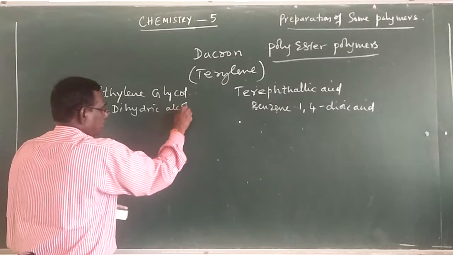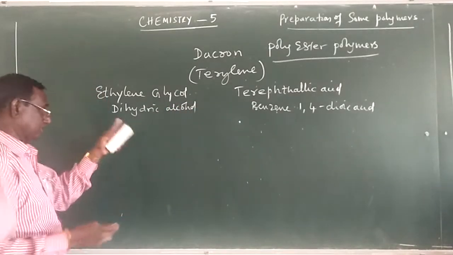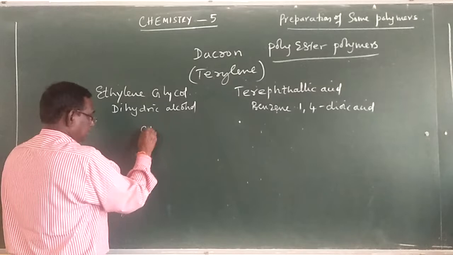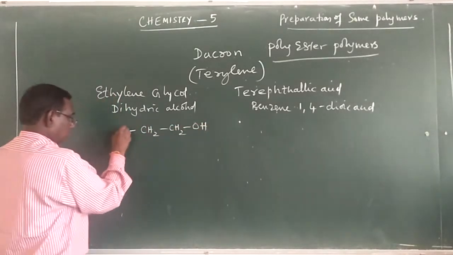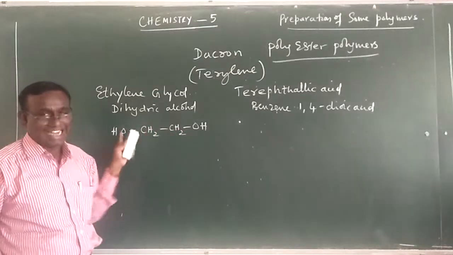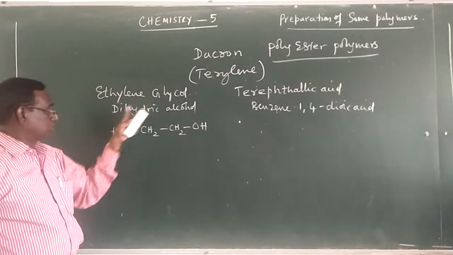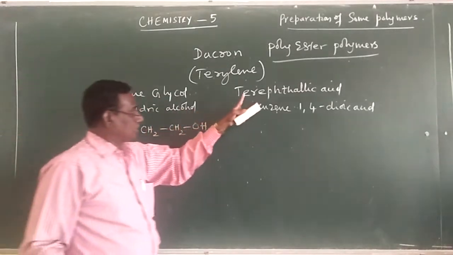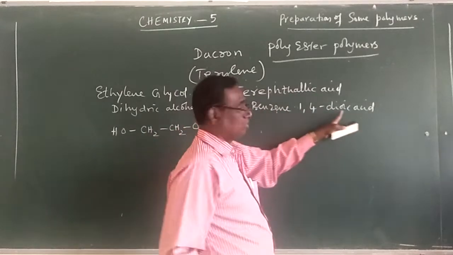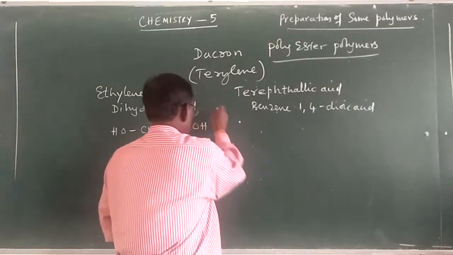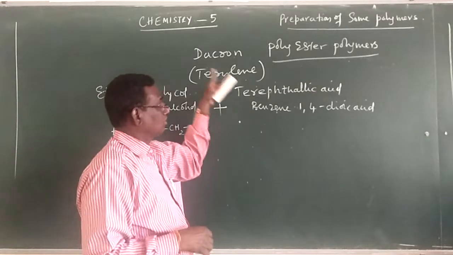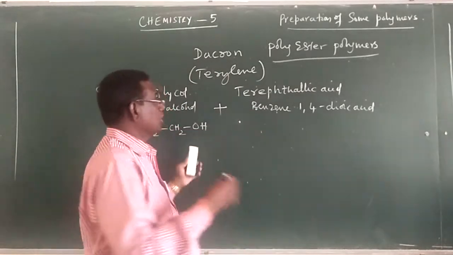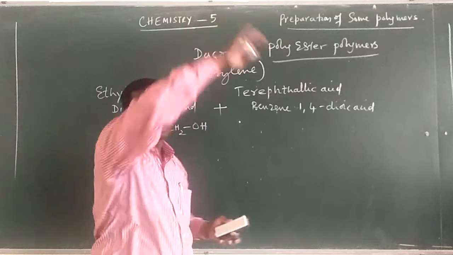That means this alcohol contains two OH groups in it. So it is CH2, single bond CH2, with OH on each end. It is ethylene glycol, and the other is terephthalic acid, benzene 1,4-dioic acid. When these two monomers are subjected to condensation polymerization, you will get Dacron or terylene.